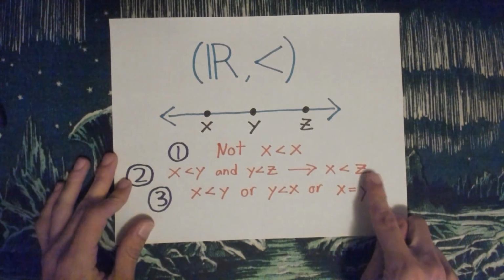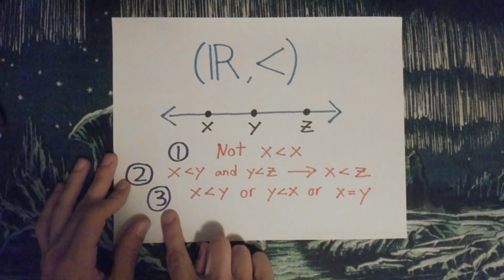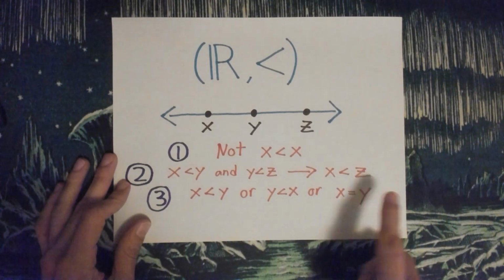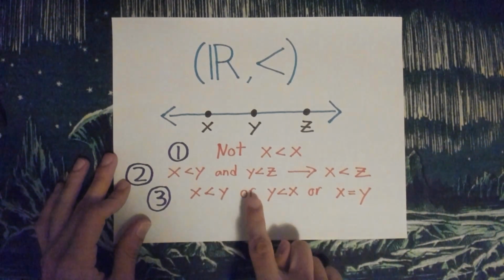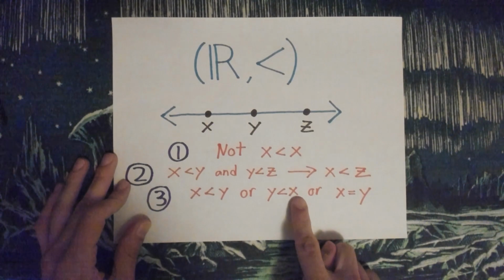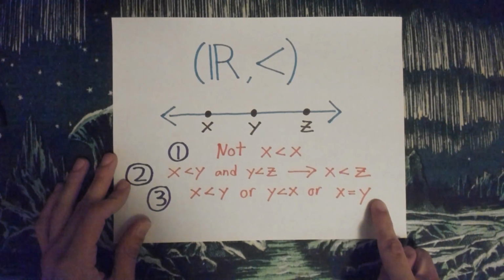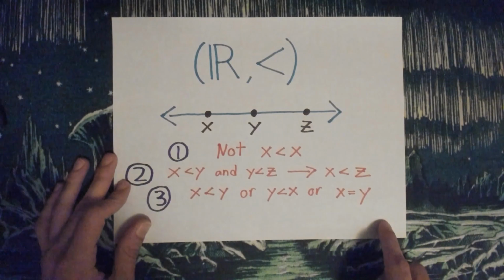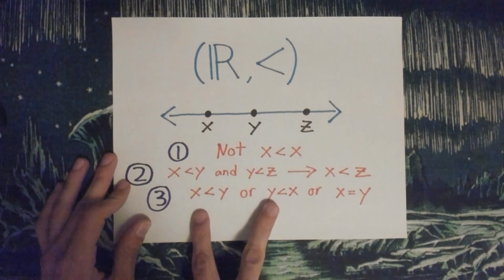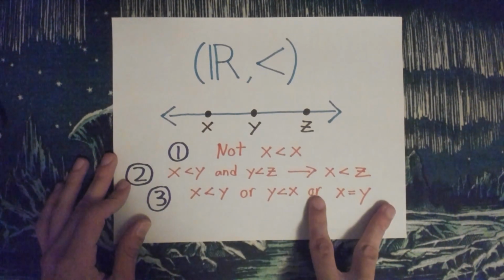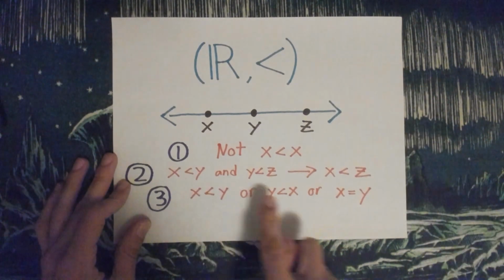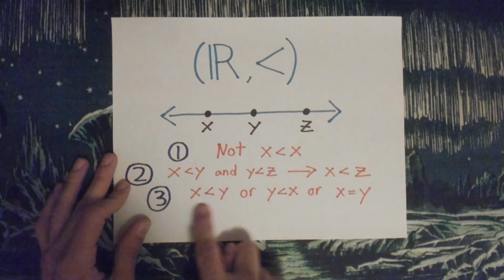And the third axiom says that at least one of these 3 has to be the case: either x is less than y, or y is less than x, or x equals y. That's called totality. Now, strictly speaking, this allows for multiples of these to be true, but when you combine it with these other 2 axioms, it forces exactly one of these 3 things to be true.